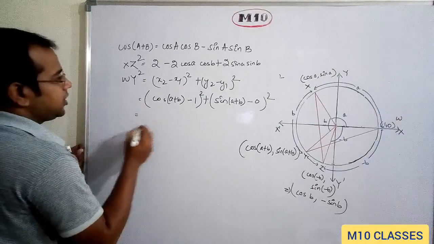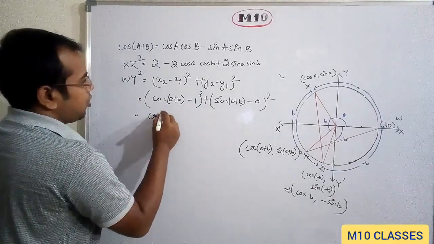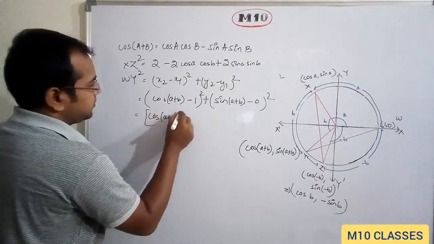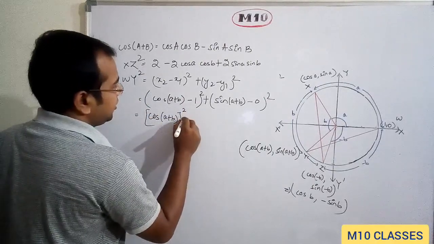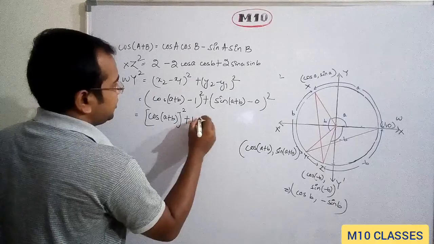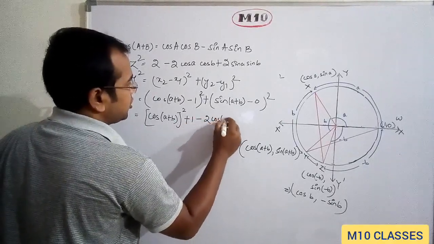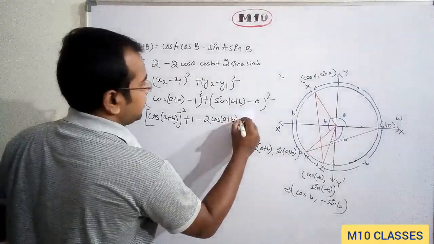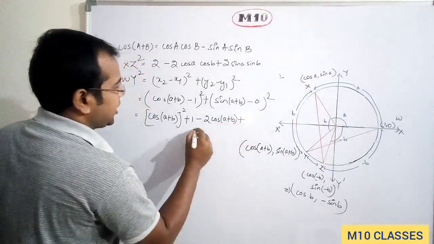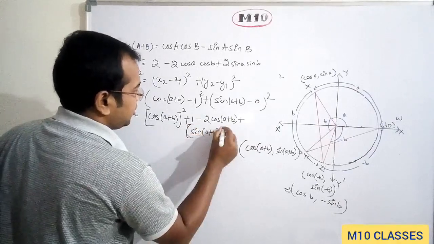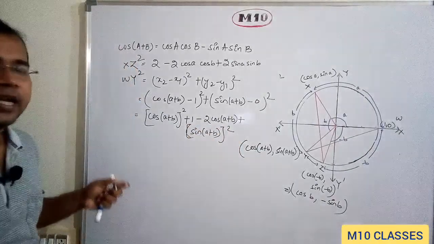So what are you getting here? Cos of a plus b whole square plus 1 minus 2 cos of a plus b plus sin of a plus b whole square.